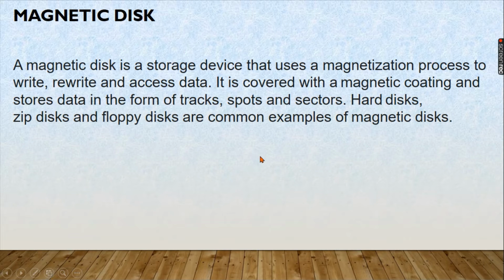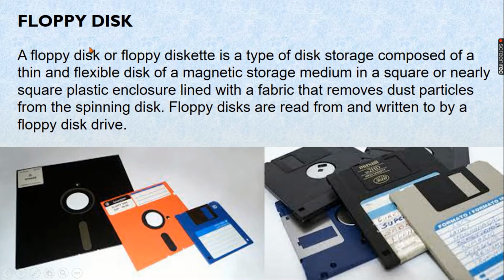So let's start. Number one, magnetic disk is the floppy disk. A floppy disk or floppy diskette is a type of disk storage composed of a thin and flexible disk of a magnetic storage medium in a square or nearly square plastic enclosure lined with a fabric that removes dust particles from the spinning disk.